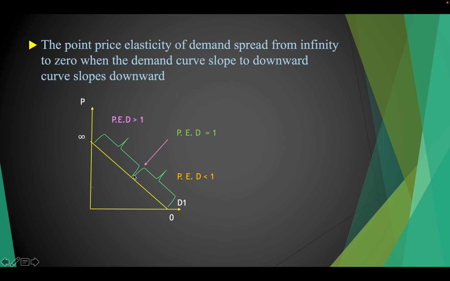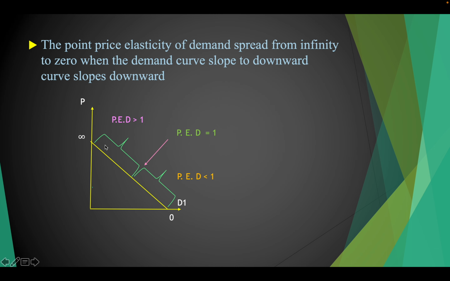From 1 to 0, you can see up to here, it is less than 1. That means it has inelastic demand. Then here from infinity to 1, that means greater than 1, elastic demand.